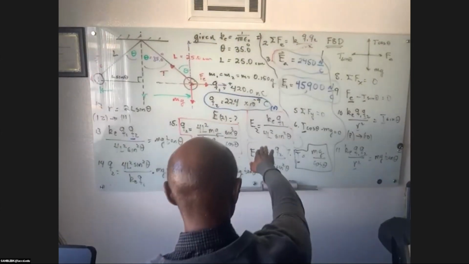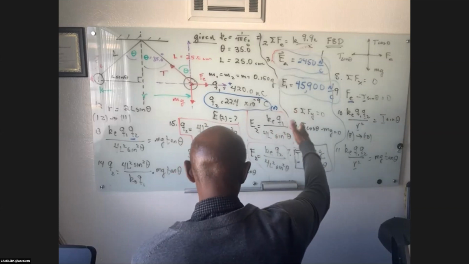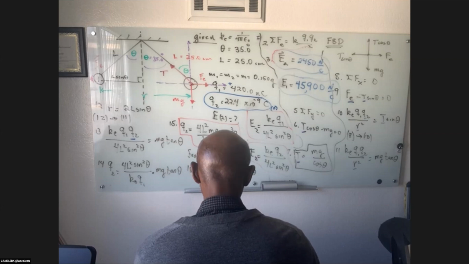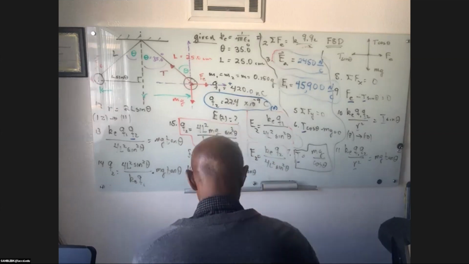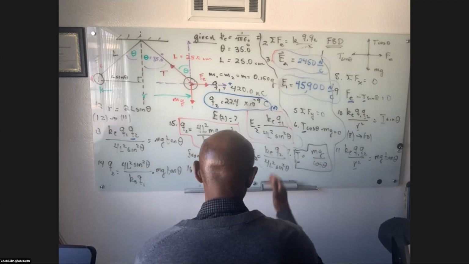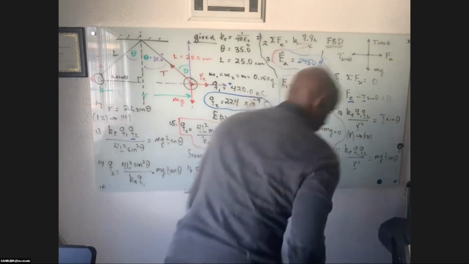So again, for this guy you've got to use Q1. I used Q2, I'm pretty sure. But that's a 420 nanocoulomb. So 420 times 8.99, over 4.25 squared. Yeah, my bad.